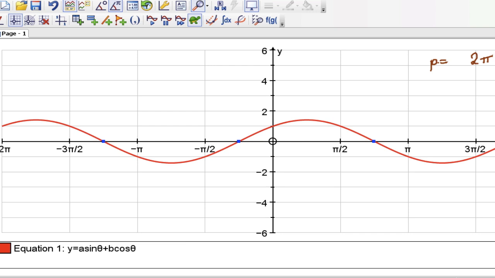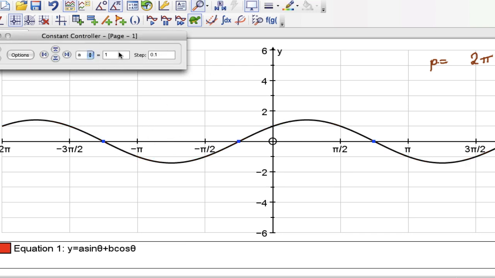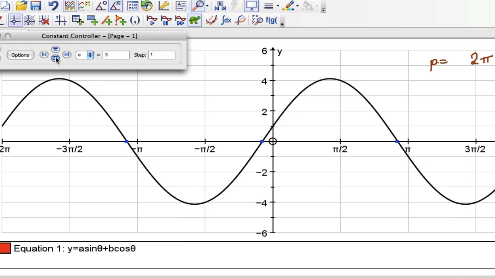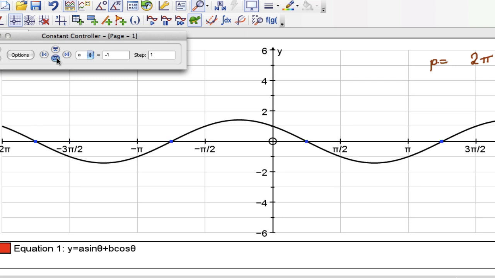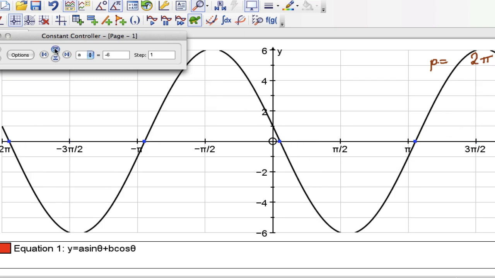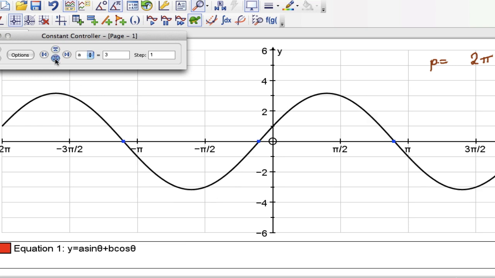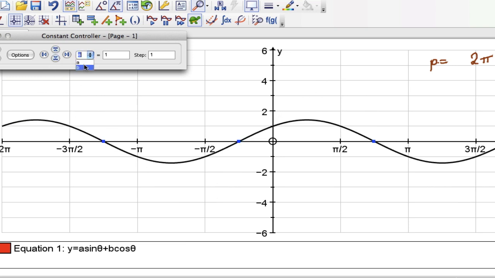Okay, let's just check it's not because I've chosen a and b to be 1 that it looks like a sine or a cos graph. Let's move around a or b. So I'm going to move a around in units of 1. That just stretches it upwards or makes it go downwards negative. So that still looks like a sine or a cos graph. So I'm going to put a back to 1.